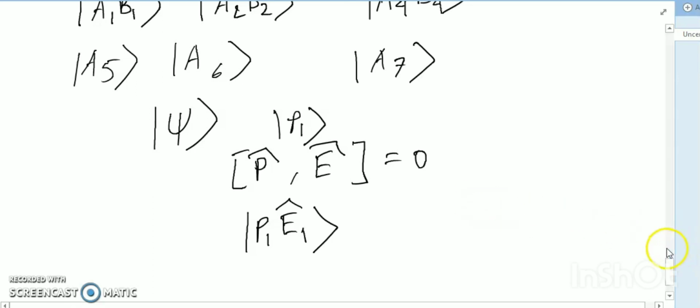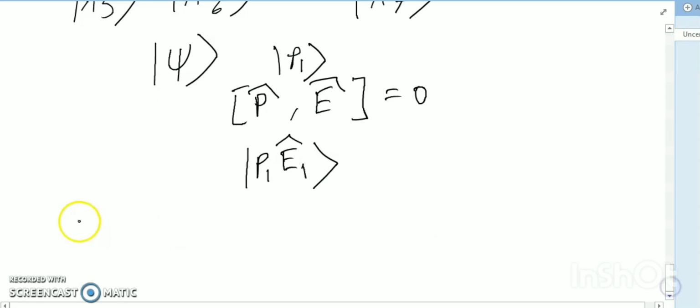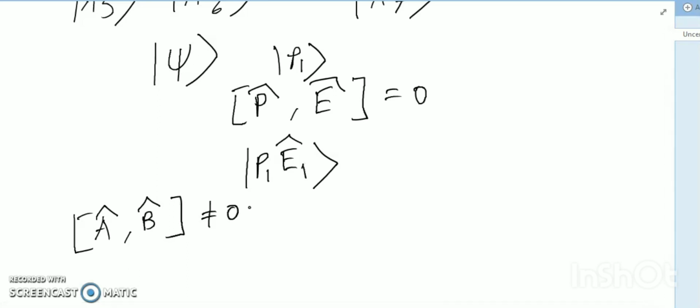So suppose A and B do not commute, so their commutator does not equal 0. Then you can prove that they cannot have a simultaneous eigenbasis.